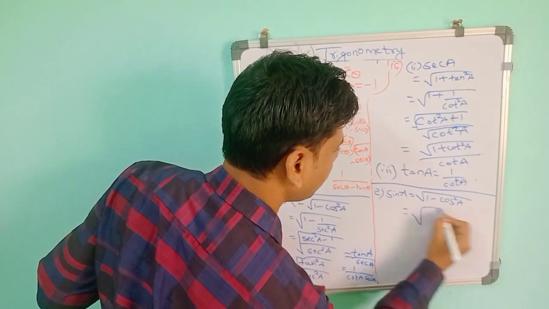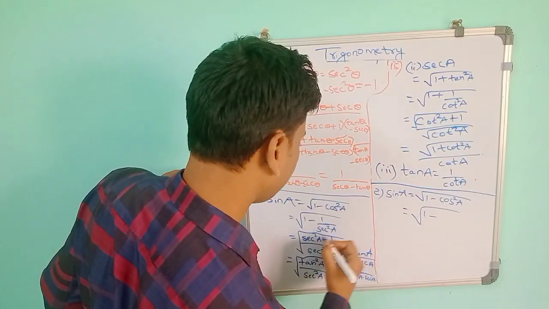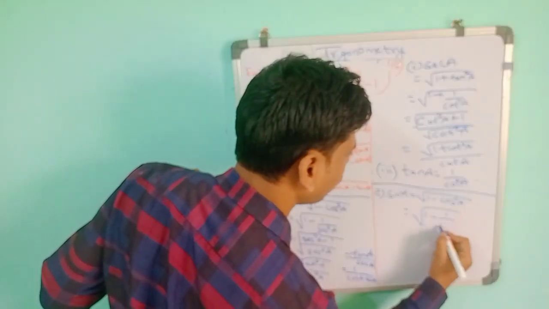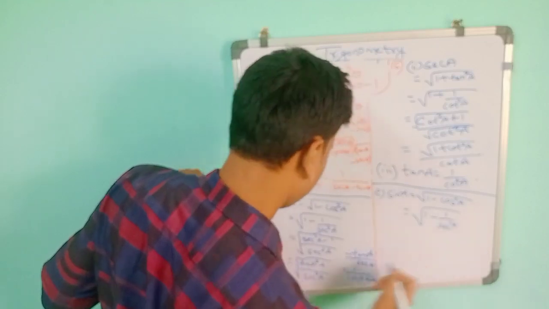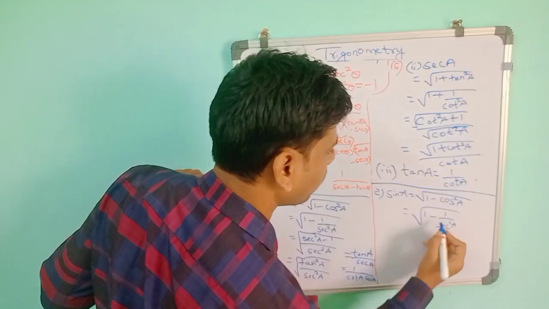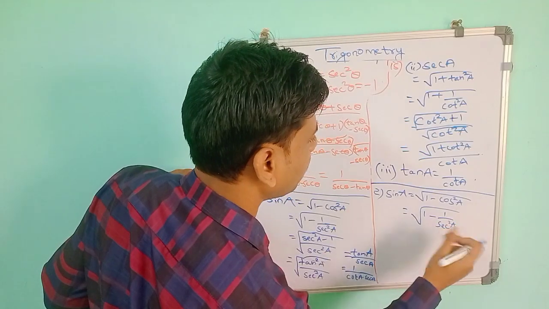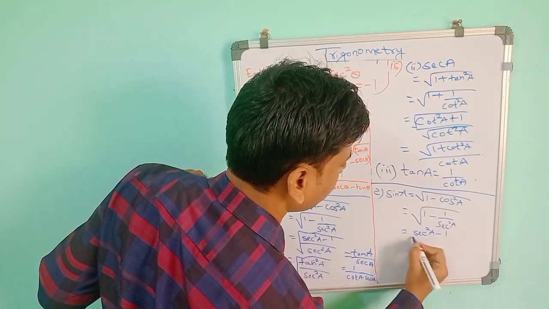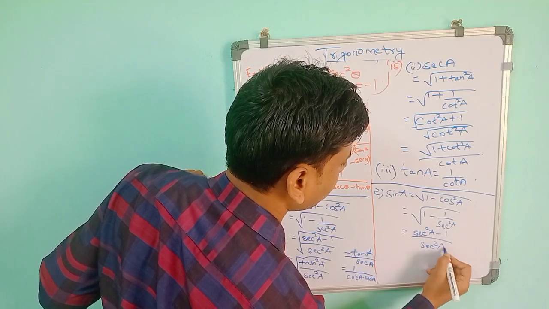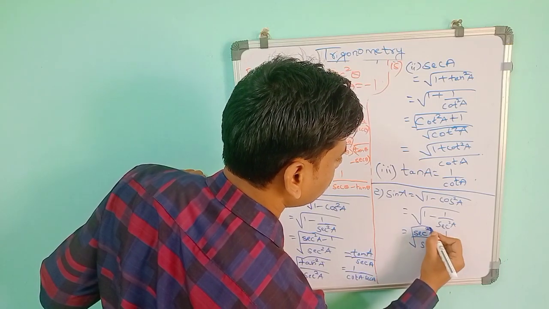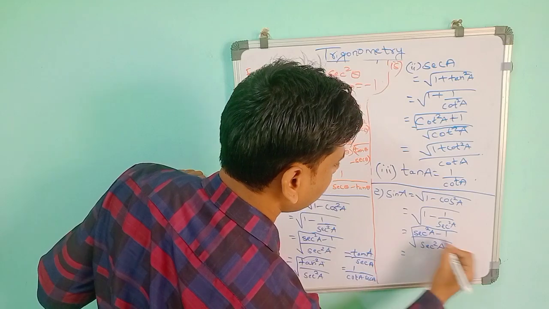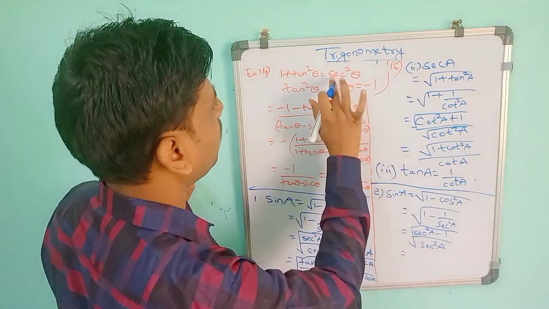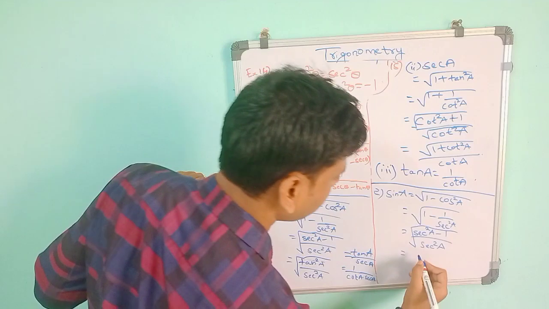We can write it as it is, 1 by cos square is there. So we can take sec square A. We write cos square in terms of sec square A because they told us to write in sec A only. So this will be sec square A minus 1 divided by sec square A, whole root. Then sec square A minus 1 means it will be tan square.